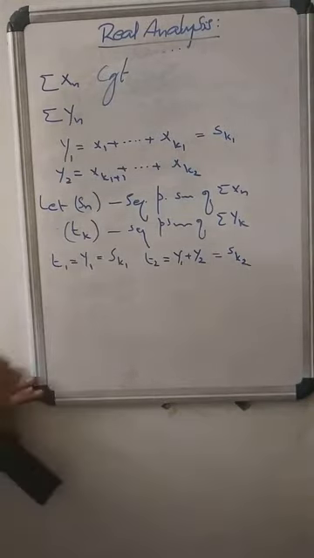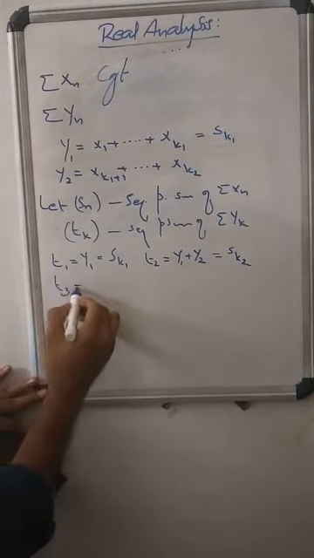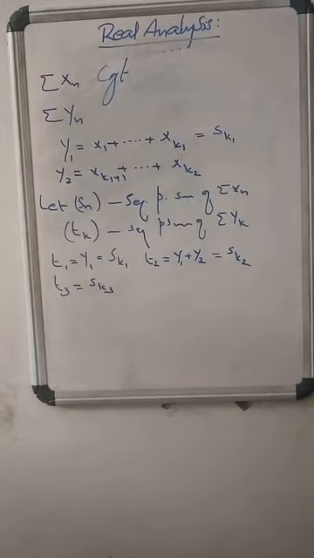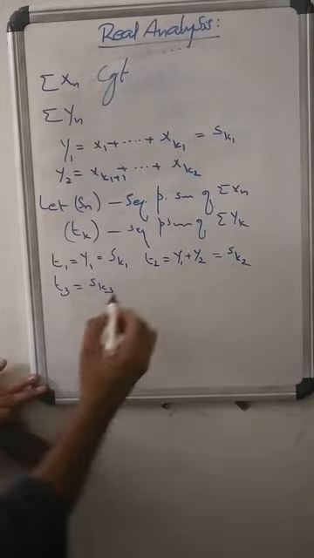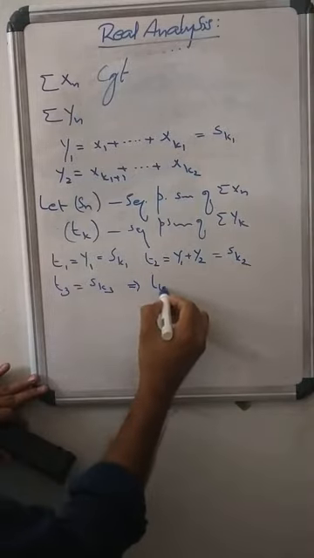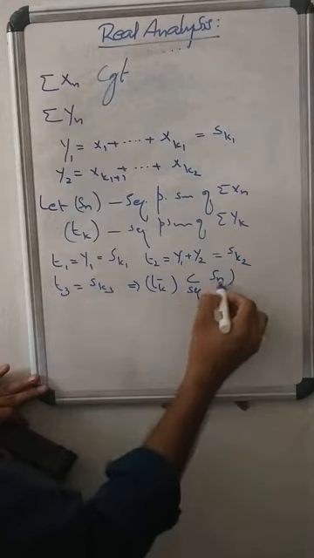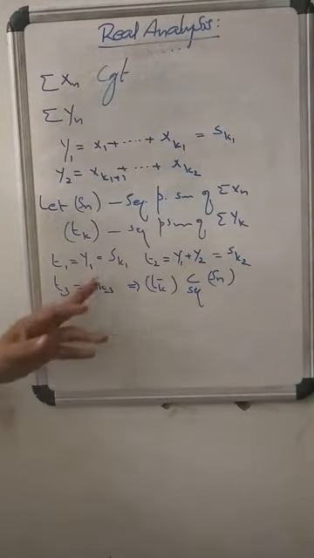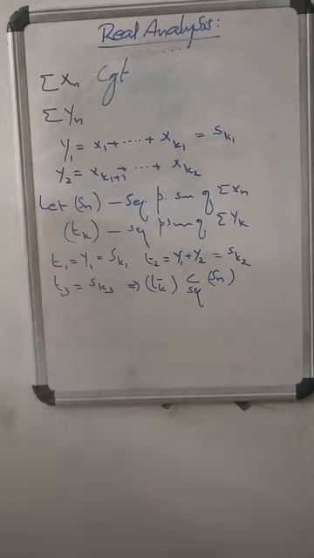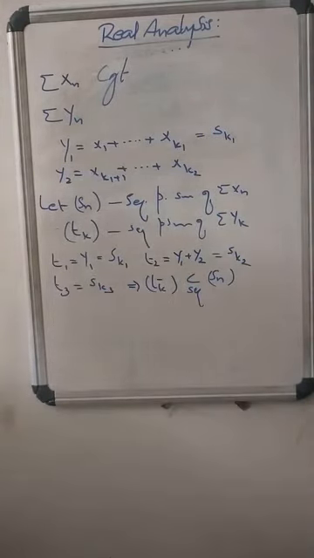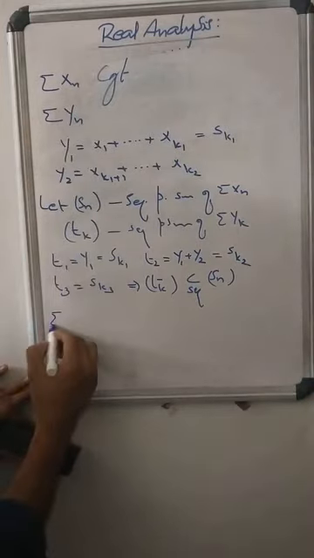Similarly, T3 equals S_k3, etc. That means Tk is a subsequence of Sn. Clear? T1 is S_k1, T2 is S_k2, T3 is S_k3, etc. So Tk is a subsequence of Sn. What is Sn? Sigma xn is convergent.